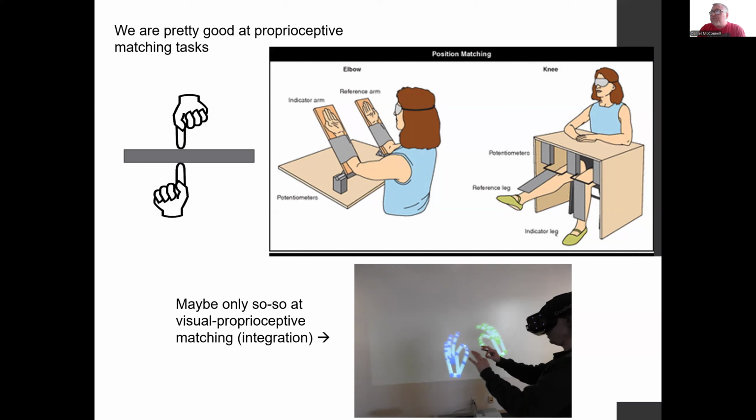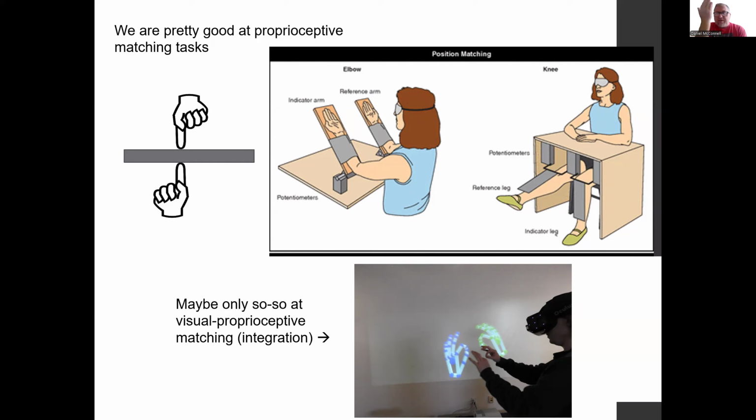So what we have in this position matching task is a blindfolded person who has their left arm and their right arm strapped to these rotating boards, right? And one is called the indicator and the other is the reference arm. So the reference arm is the arm that an experimenter will place at a specific angle, right? So they're going to move it up and down like this to get that arm at some angle.